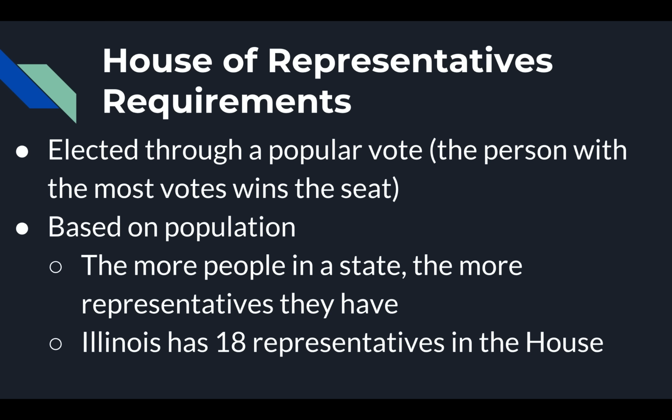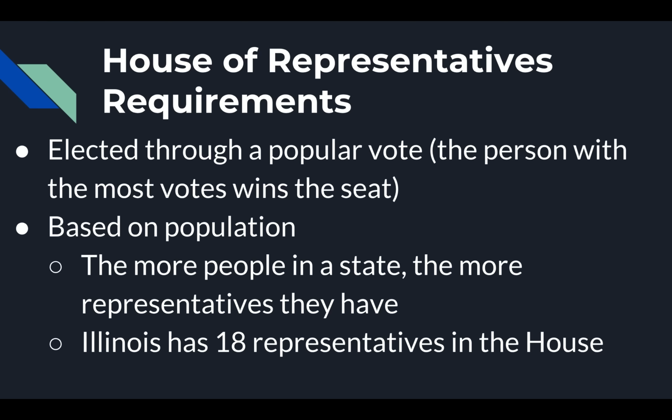Simple as that. The number of representatives that a state gets in Congress is based on population. So the more people that a state has, the more representatives they will have in Congress. Illinois is a pretty large state population-wise. We have 18 people that represent us in the House and Congress.